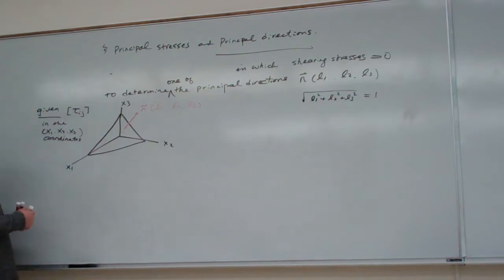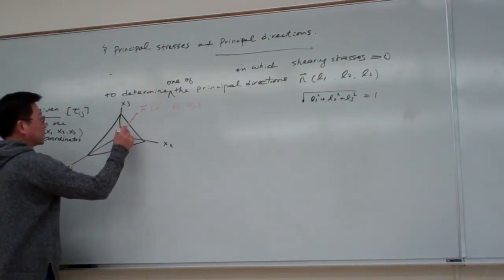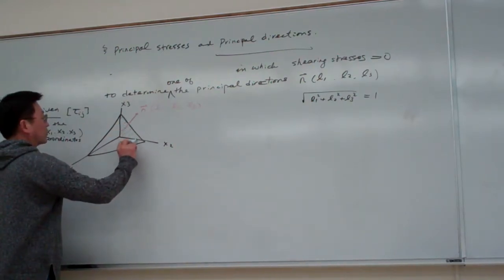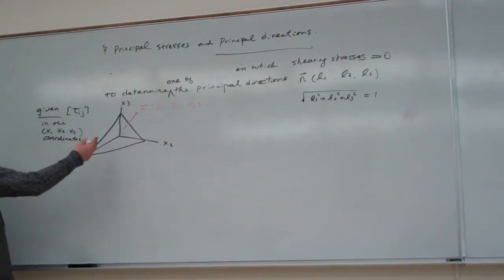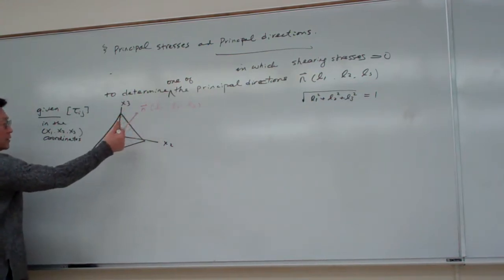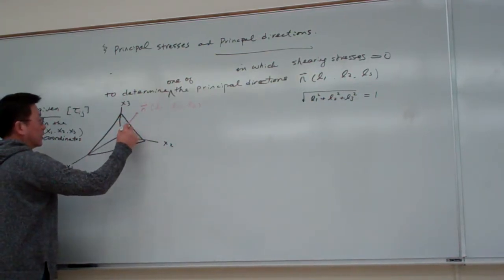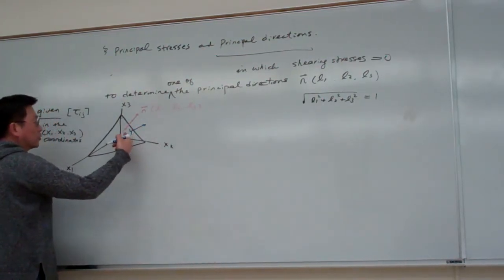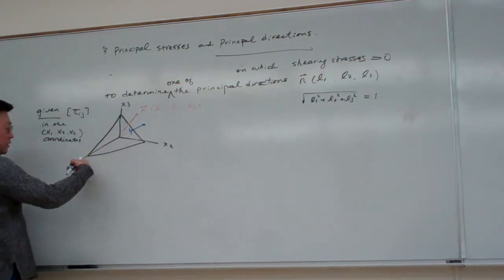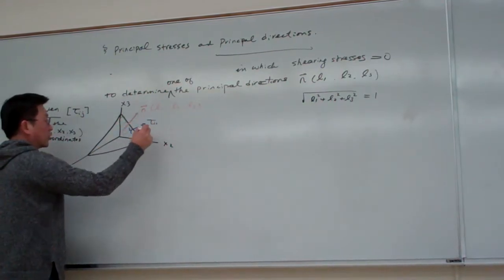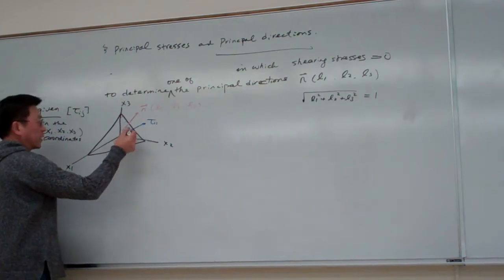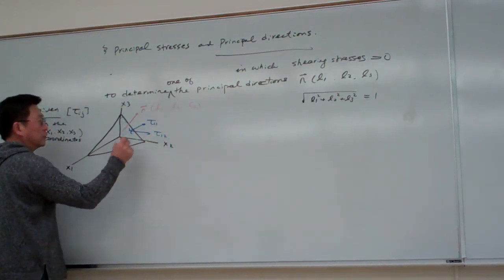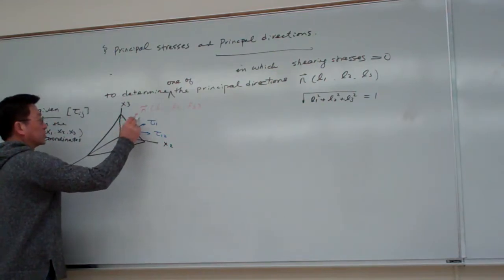For example, in the x1 plane, so this one is the x1 plane, right? Although it's in the back here, this is the x1 plane, and on it there are 3 components. For example, normal to the plane in the x1 direction, that is what we know, the tau 11. On this plane, pointing to the 2 direction, that is 1, 2, and here is 1, 3.